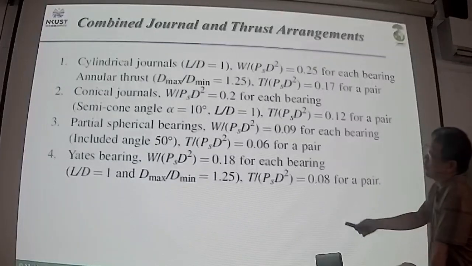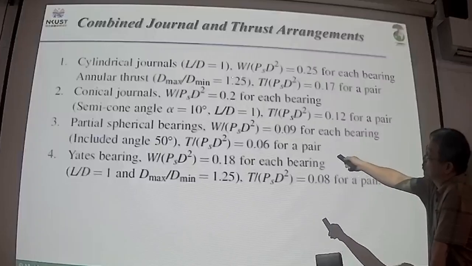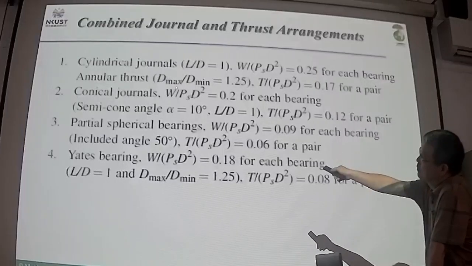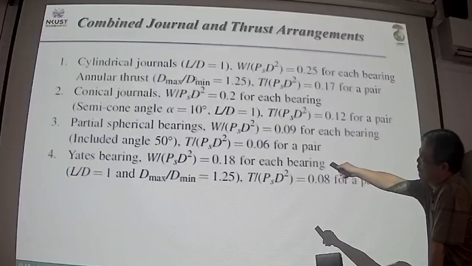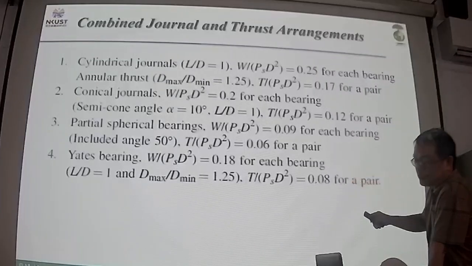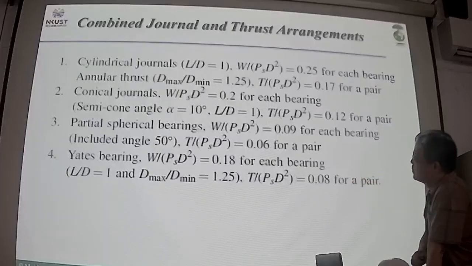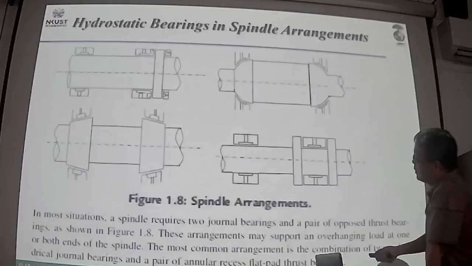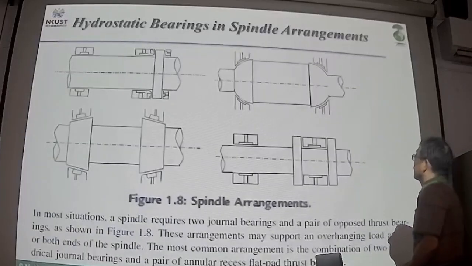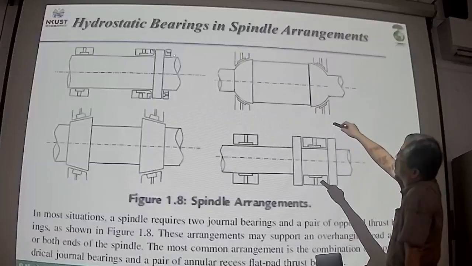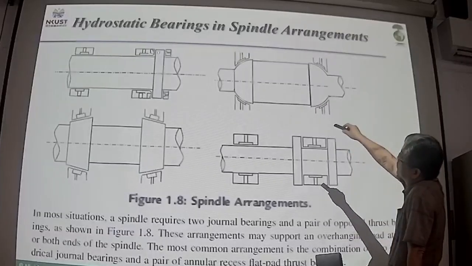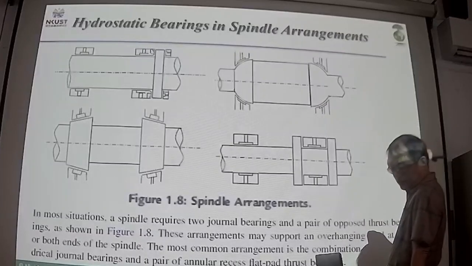And for the annular thrust, usually the ratio is 1.25, for the maximum diameter compared with the minimum diameter. Which means this is the maximum diameter, and this is the minimum diameter.